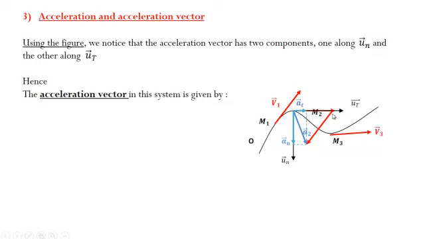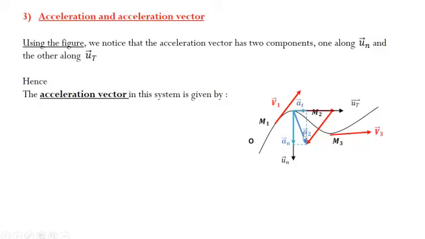We want the opposite, minus v1. The summation of these two vectors, v3 plus minus v1, will give us this vector delta v. Now a2 is on this vector since it has the same direction and the same line of action. It's not necessary to have the same value since we have over delta t.